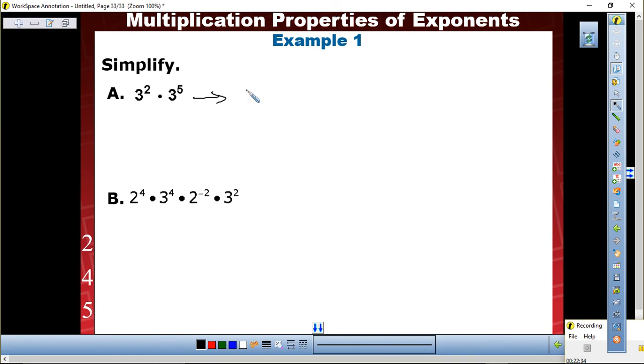3 to the 7th power. Hands if you got that. Okay, but then I said to lowest terms, you simplify, yes?